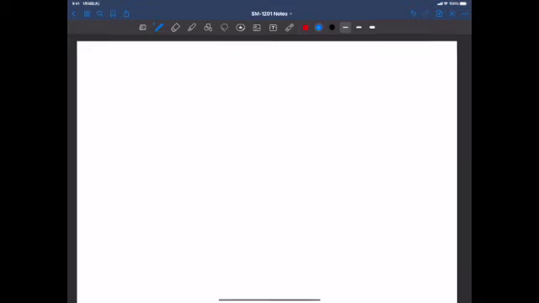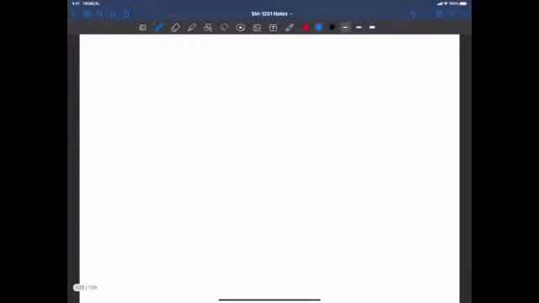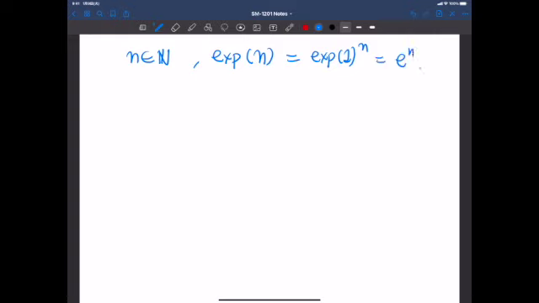And now it should be easy to see that for any natural number n, we have exp n equal to exp 1 to the power of n, which is equal to e to the power of n. And similarly, we have exp of negative n times exp of positive n.